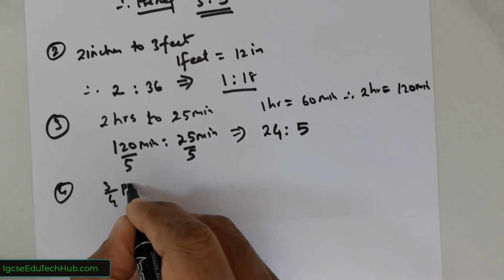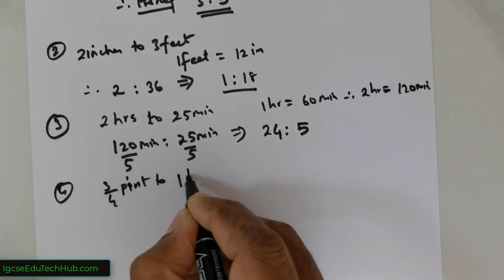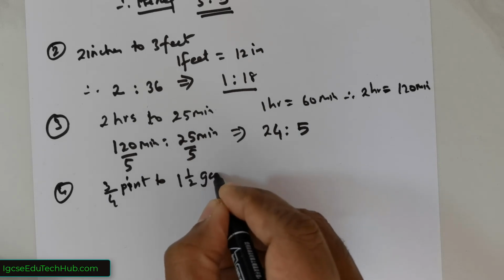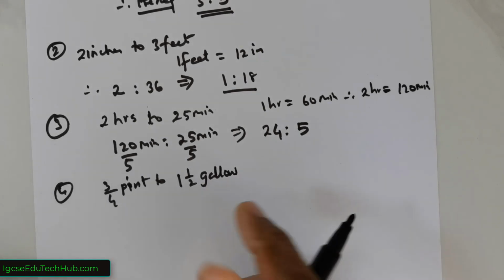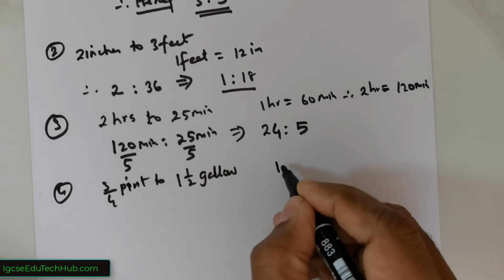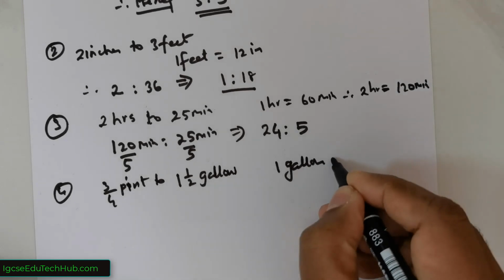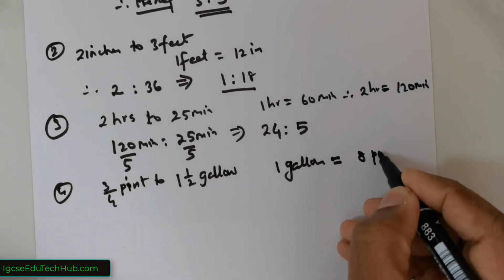So having got that, let me go to question number 4. 3/4 pint to 1.5 gallons. Now pint is the lowest measure, so the gallon has to be represented in the form of pints. I know that 1 gallon is equal to 8 pints.